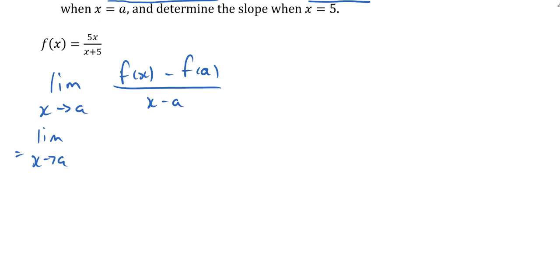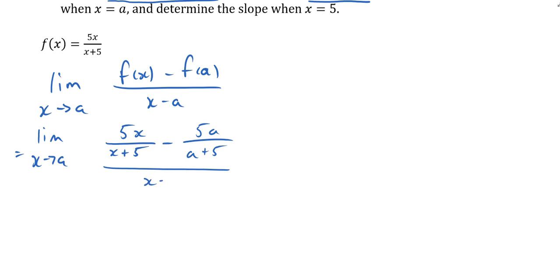So f at x is just that function. So I start with 5x over x plus 5 minus f at a. So now this is like f at some value a, and I replace x in the original function with a. So this is now 5a over a plus 5, all over x minus a.